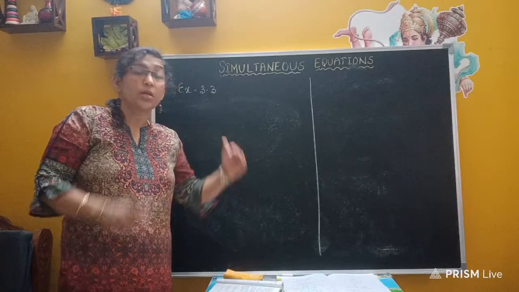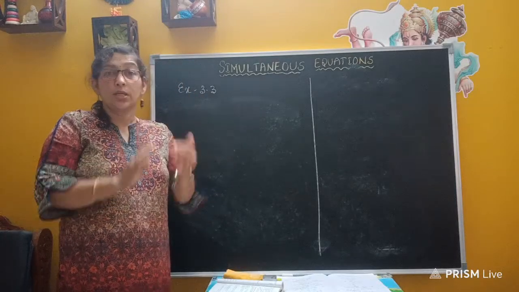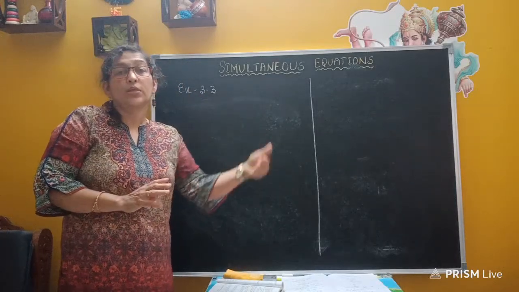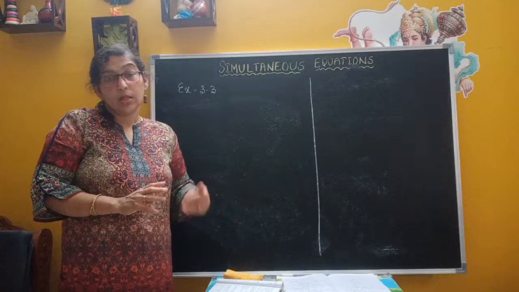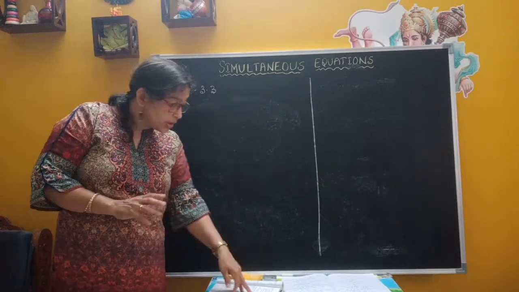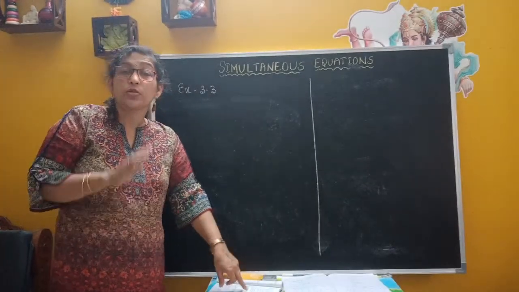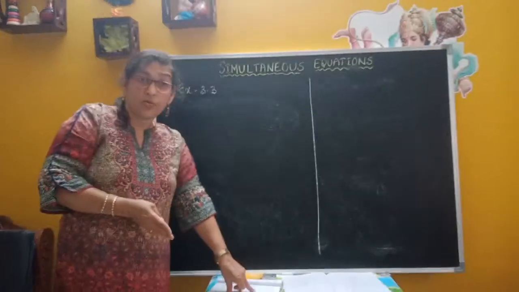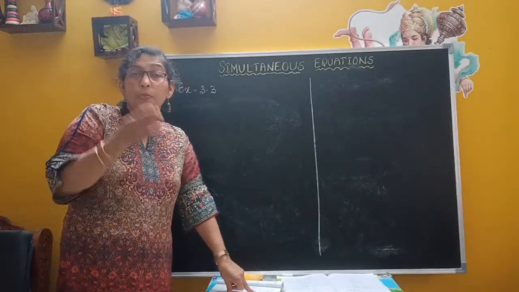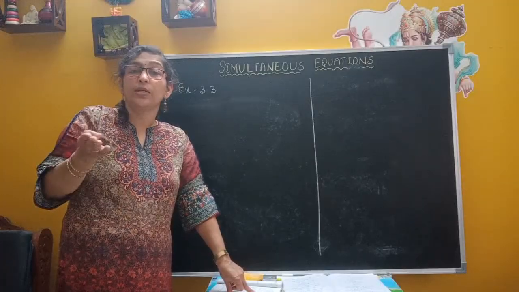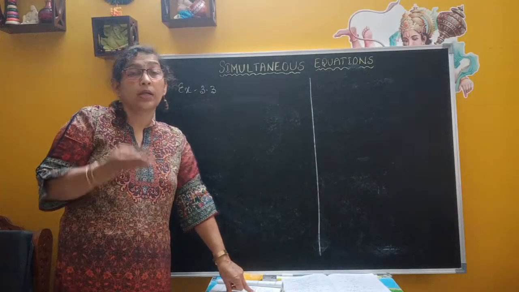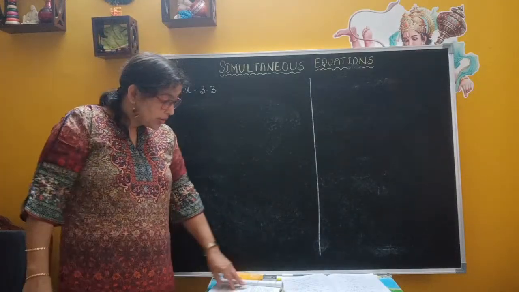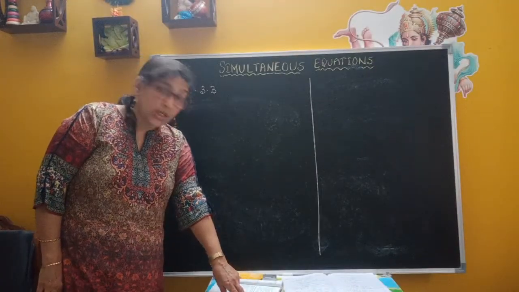Suppose Jacob's age is 40 years now. 5 years later how much would it be? 40 plus 5, 45. Suppose y is the son's age now. After 5 years means y plus 5. Suppose he is 10 years now. After 5 years it would be 10 plus 5, 15. So that is the first case.